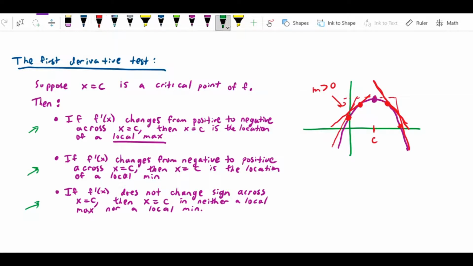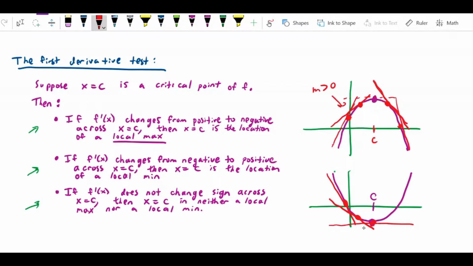On the other hand, if I draw it the other way, you can see that here. Let's suppose that I have a function that looks like that, where this is c. Now what we can see is that the derivative would be negative because we have negative tangent line slopes, and then of course we have the horizontal.